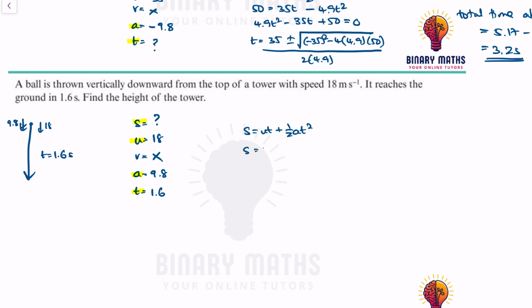S is equal to 18 times 1.6 plus half times 9.8 times 1.6 squared. S is equal to 41.344. So S is equal to 41.3 meters.